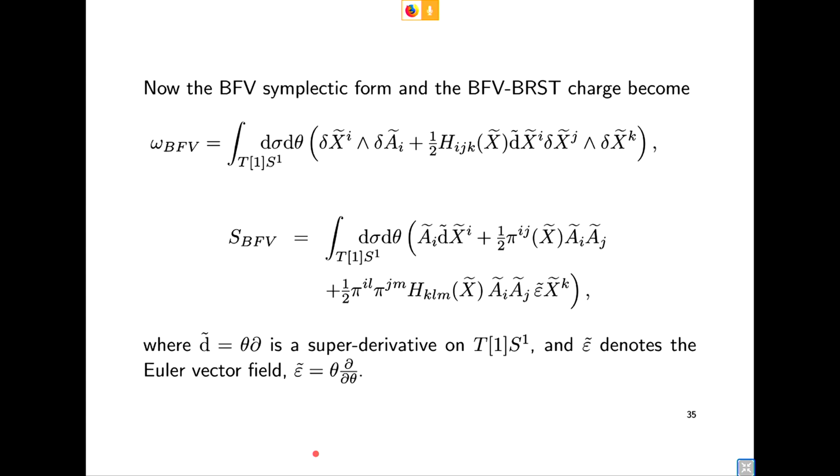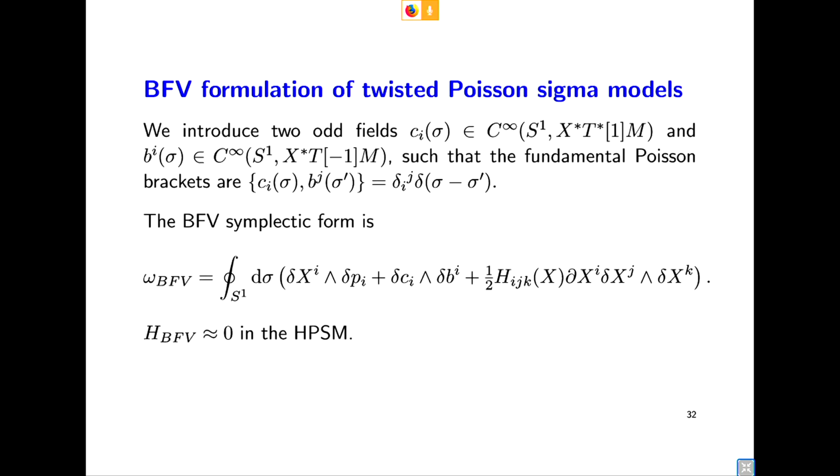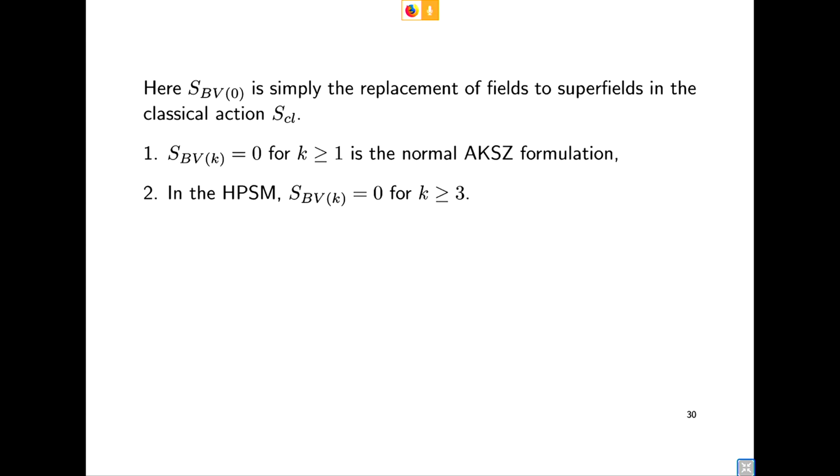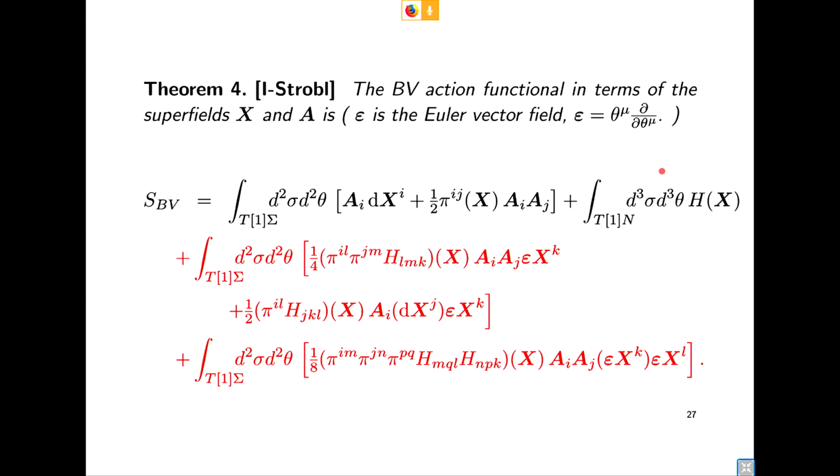Why? It is because the so-called Wess-Zumino term breaks the good structure of the AKSZ sigma model. This is the reason, but it is not a definite answer.